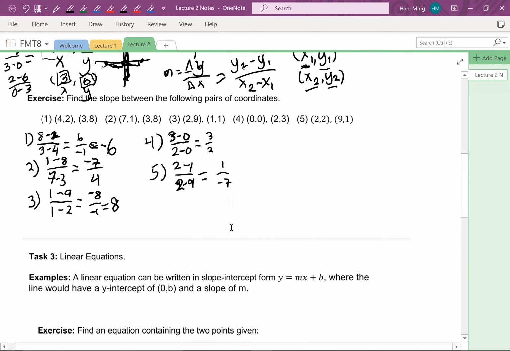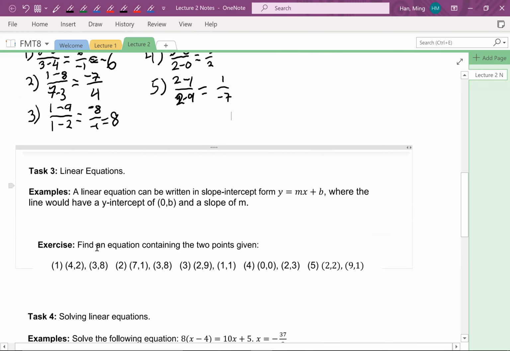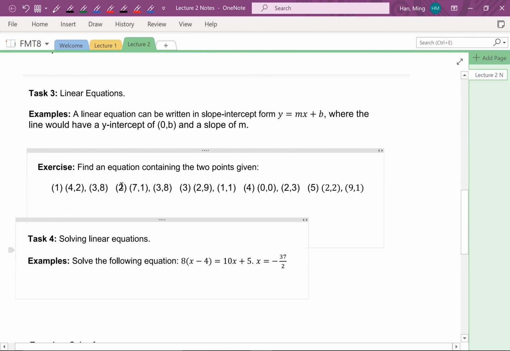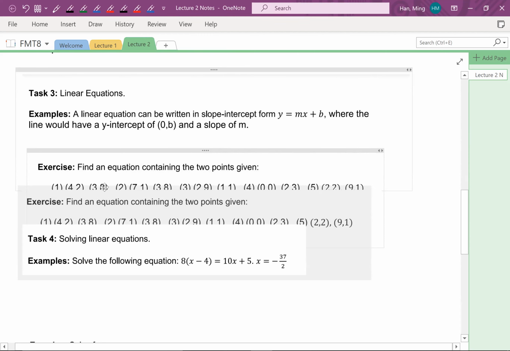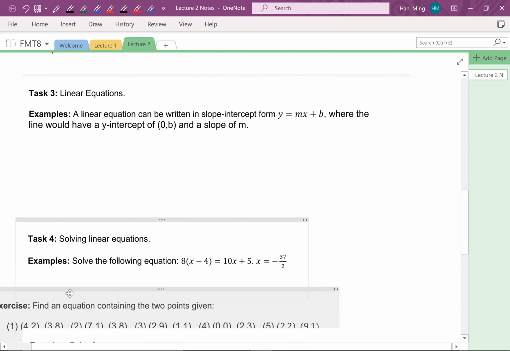Okay, so now that, oh wait, does anyone have any questions over that exercise? Okay, well, let's move on to our next task. The next one is linear equations.